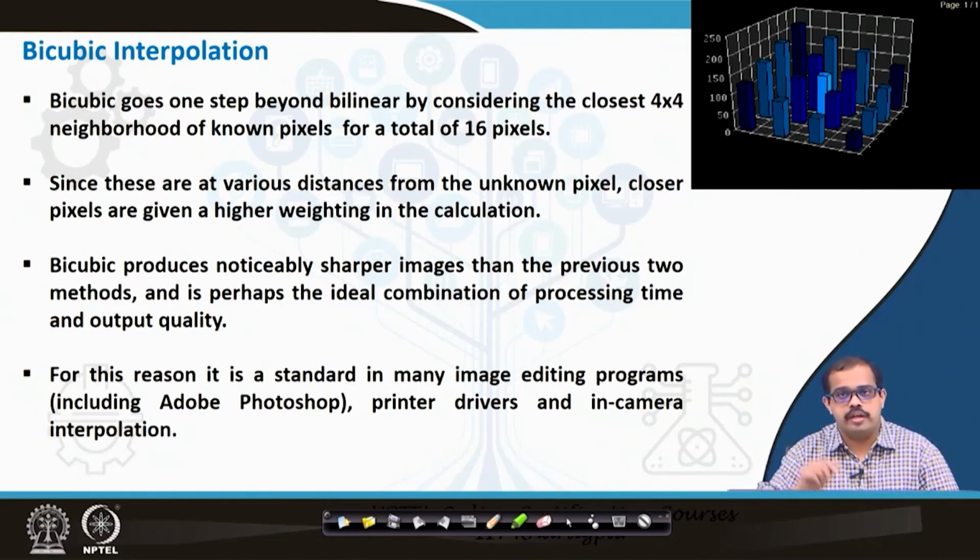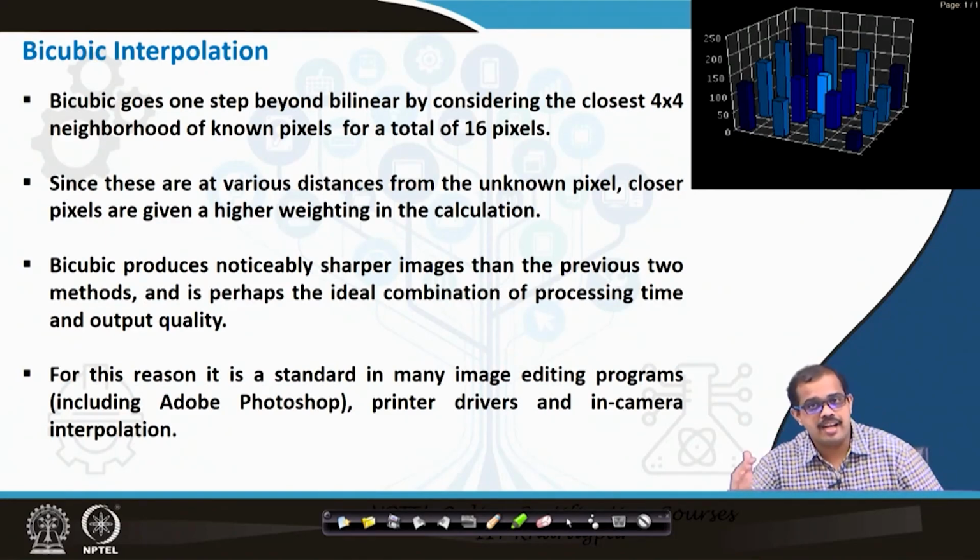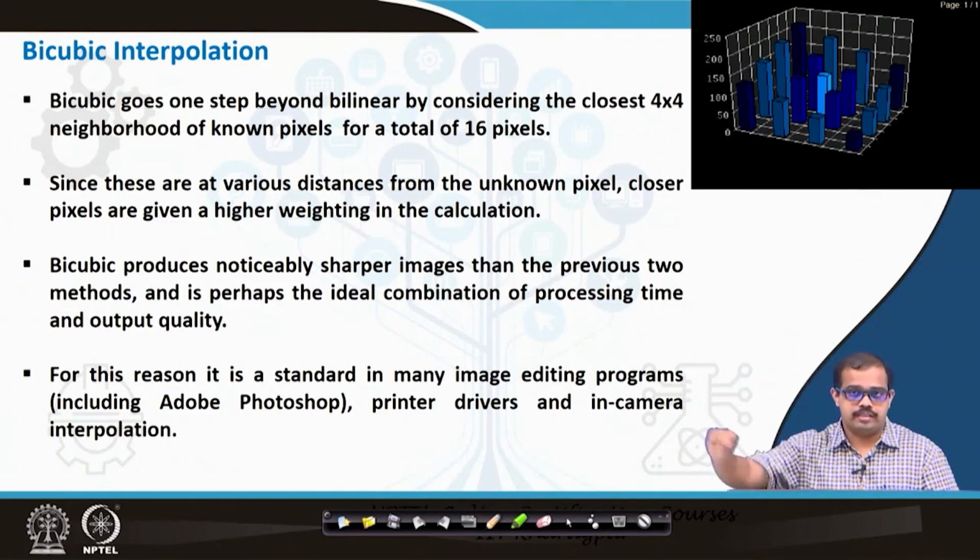You calculate the mean of that value, and you get the cubic interpolated value of a particular unknown point. Similarly, when you look at bicubic, we look at a 4 cross 4 neighborhood. It is 16 pixels that you consider around a particular point. Since we do not know the value of the unknown pixel, the closer pixels are given higher weights in the calculation, and as you move away, the weights are lower.